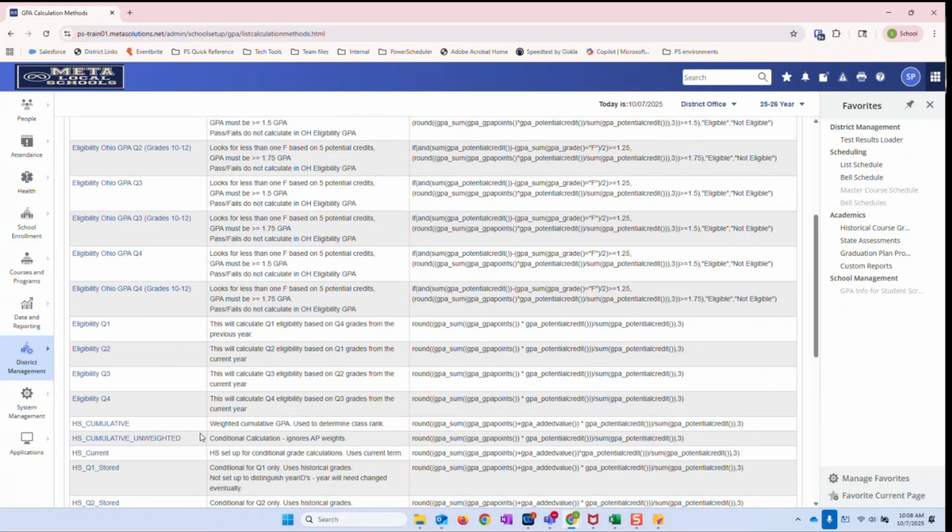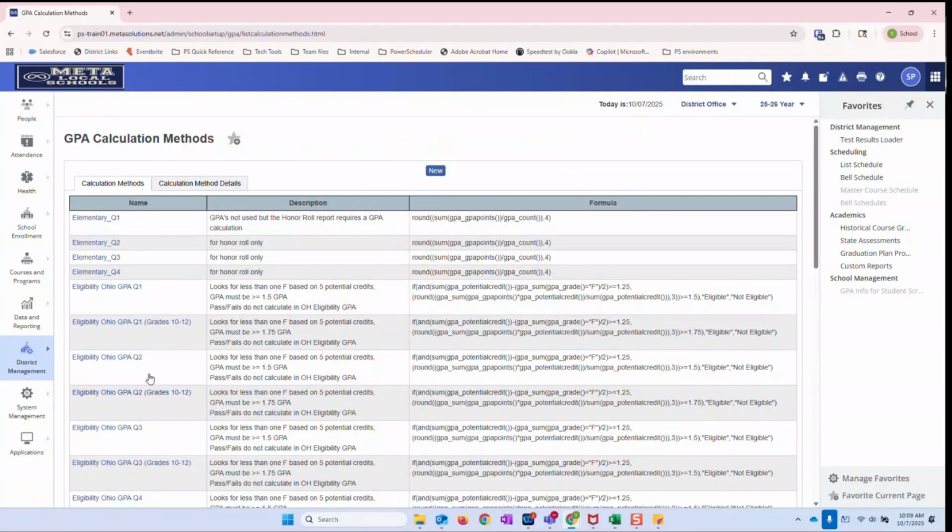You don't want to do that unless you're very familiar with everywhere in PowerSchool that is utilizing these GPA calculations, because those calculations will no longer work if you rename the calculations from this page. So that would be a great explanation for why we should limit who has access to this page at the district office. In fact, we don't want just anybody editing these calculations.